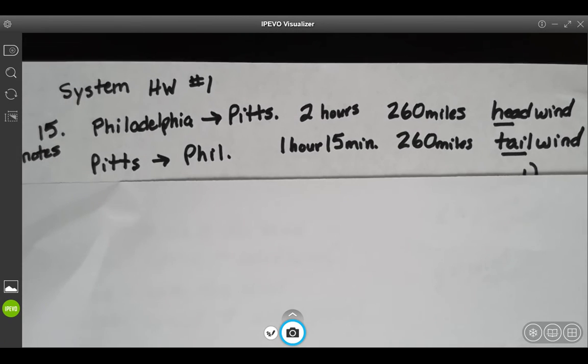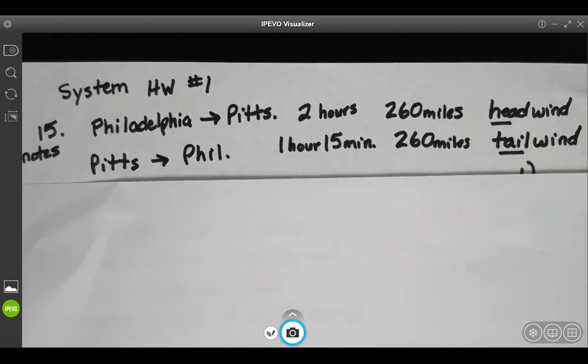It's going to take us 2 hours, 260 miles. We're going to go into a headwind, against the wind. Then we return, Pittsburgh to Philadelphia. This is only going to take 1 hour and 15 minutes, same 260 miles. But this time it's going to be a lot faster because we're going with a tailwind.